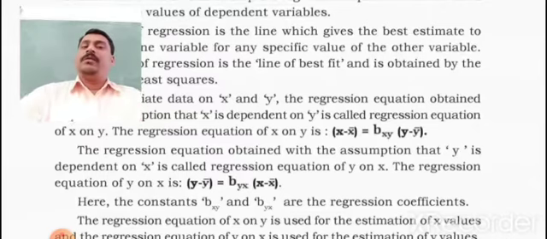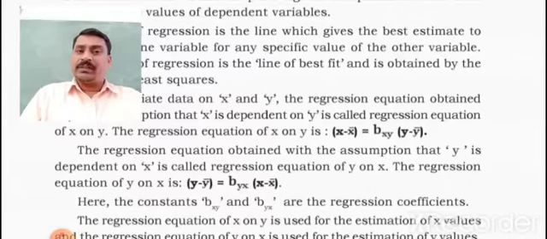Then for the other variable, where we assume that y is dependent on x, the regression equation is called y on x. We can read it as y is dependent on the x variable. The regression equation of y on x is y minus y bar is equal to byx into bracket x minus x bar.